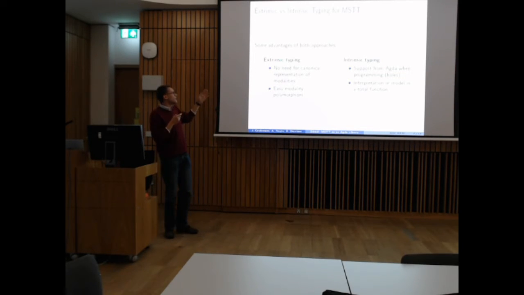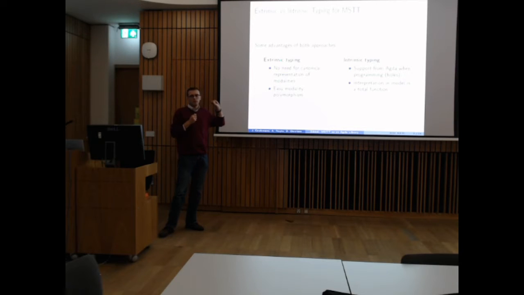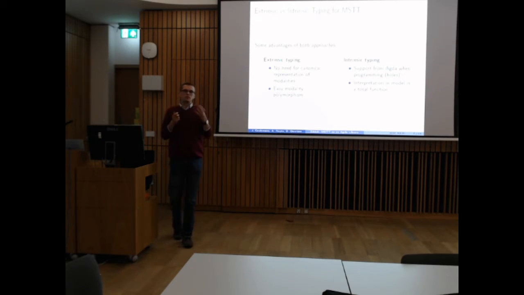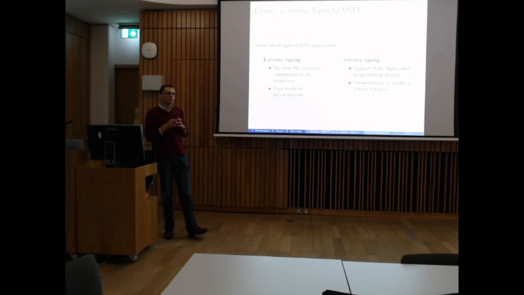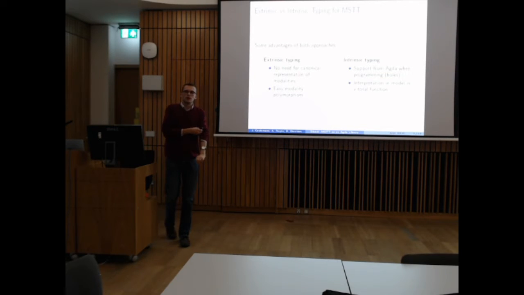And so if you want an intrinsically typed approach, you actually have to come up with some canonical representation for each modality. And in an extrinsically typed version, that is not needed. And also in an extrinsically typed setting, you can do mode and modality polymorphism in an easier way, because you don't directly encode the typing rules.